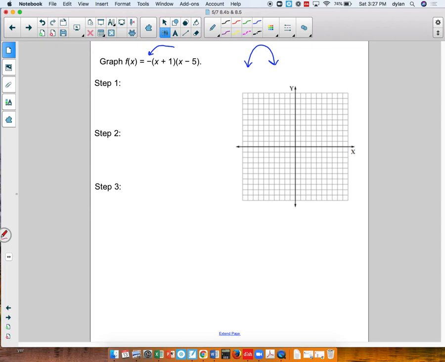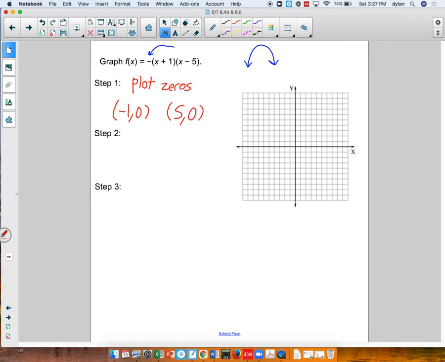So if we wanted to do this problem, the first step would be to plot the zeros. And in this case, our zeros are the p and q from the original factors. In other words, our zeros are negative 1 comma 0 and 5 comma 0.